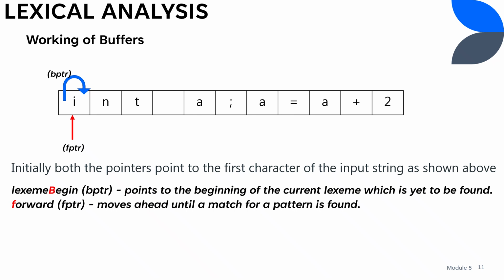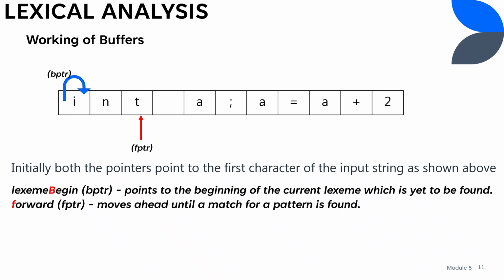The forward pointer moves ahead until a match or a pattern is found. So until a match is found, it will keep on moving ahead. Let us see how it works. The F pointer initially reads i, and moves ahead. It will read n. Since no matching pattern is found yet, the F pointer will still move ahead.